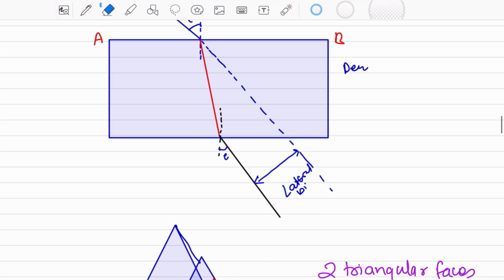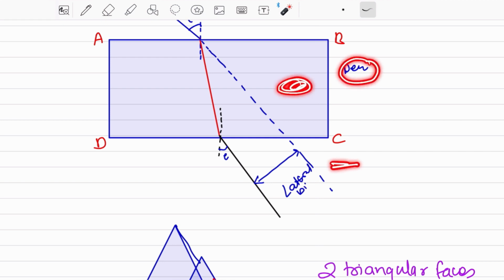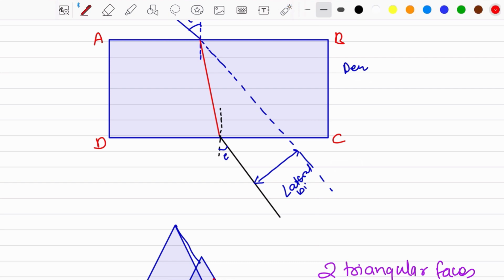Now the second surface, we'll name it CD. On the CD surface you will see the light is going from denser medium to rarer medium, so it will move away from the normal, and this ray is known as the emergent ray.